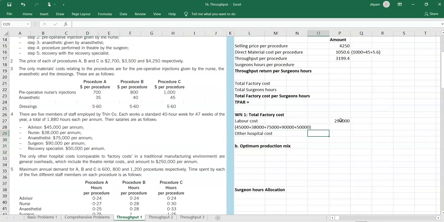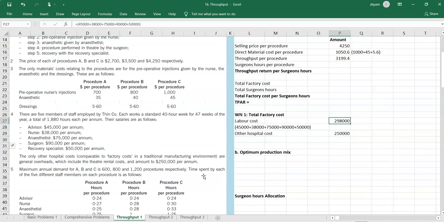So other hospital cost is going to be 2,50,000 per annum. Totally it comes to 5,48,000.